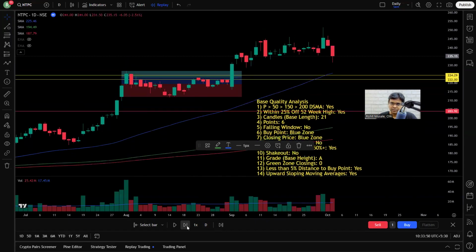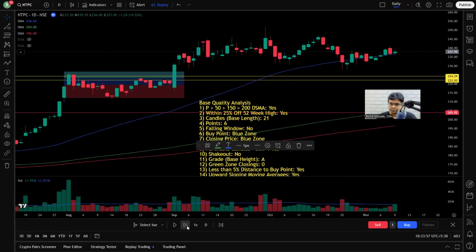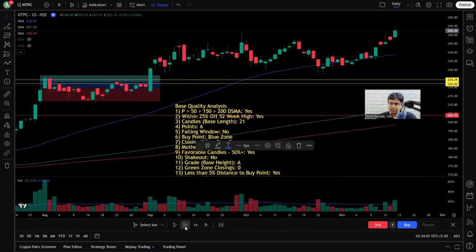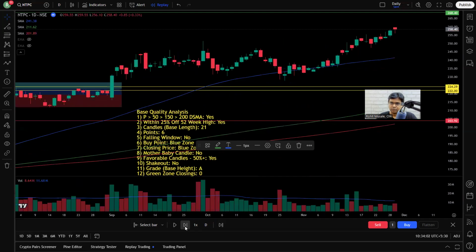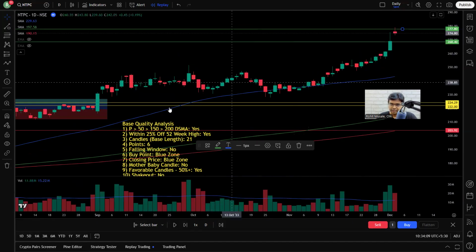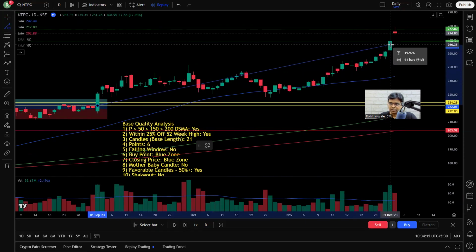Let's see whether it hits its target. How much time does it take? I suppose it did hit its target. So we are in November. Continues to go up. Yeah. So here on this day, it enters that sell zone. So if we count the number of days from here till here, 61 bars.